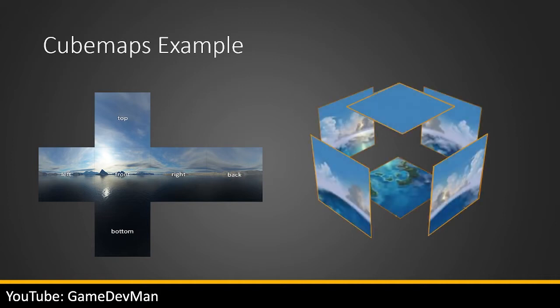But you take those textures and you assign them to the faces of a cube like this, and it gives the illusion that there's this wide space here. So you can imagine that if there was a player standing in the center of this cube and looking around, it would appear as if they're in a nice outdoor area, when in actual fact they're just inside a small cube.